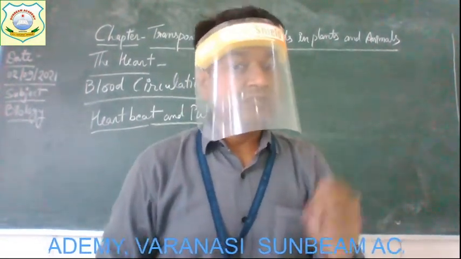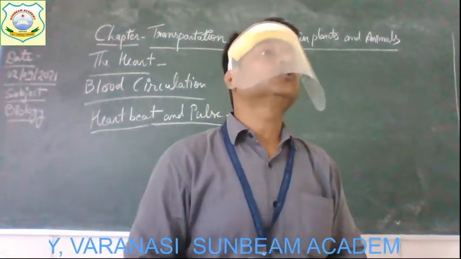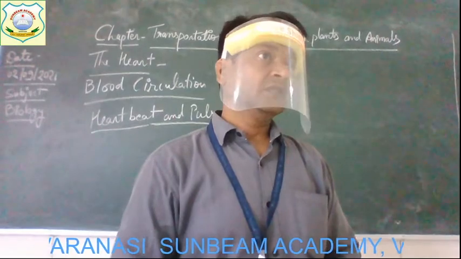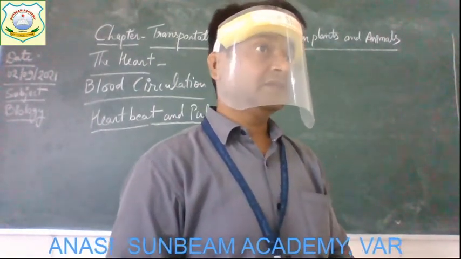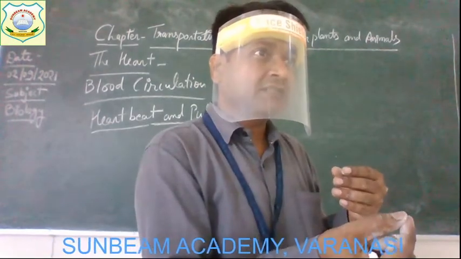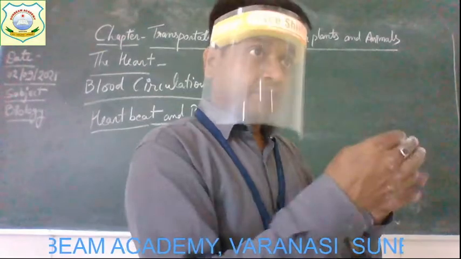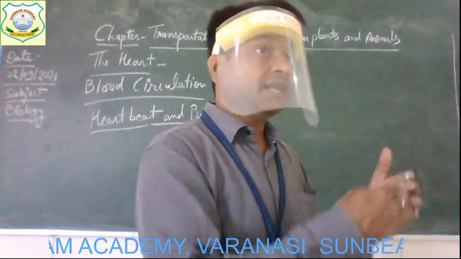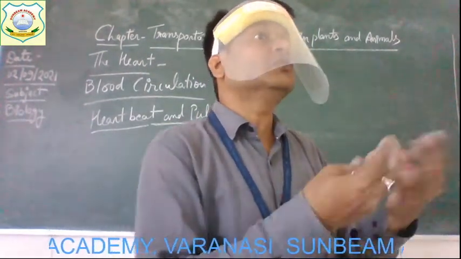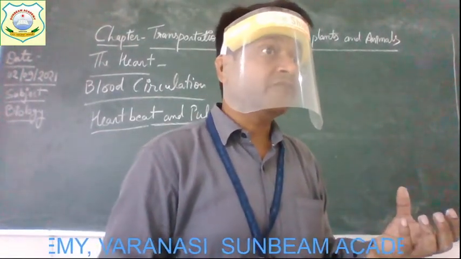So for this reason, each heartbeat can be heard as two sounds. In each heartbeat, the auricles beat, and after just a few seconds, the ventricles beat. This contraction of the auricle and ventricle produces a kind of sound.